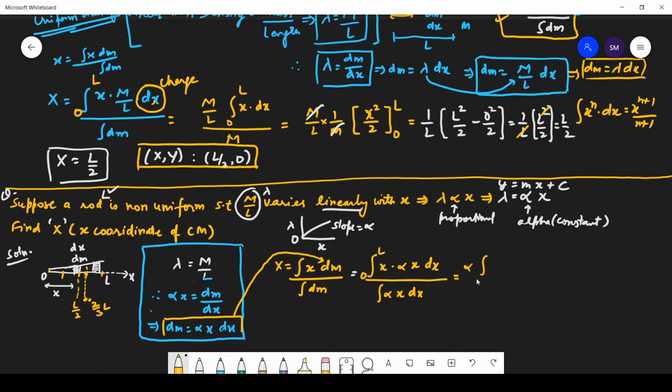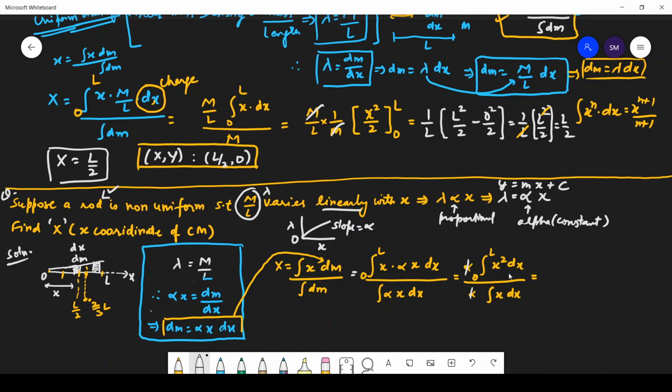Okay, so alpha is constant, 0 to L, and x into x is x square into dx divided by alpha into x dx, and this comes out to be, so alpha will cancel out.